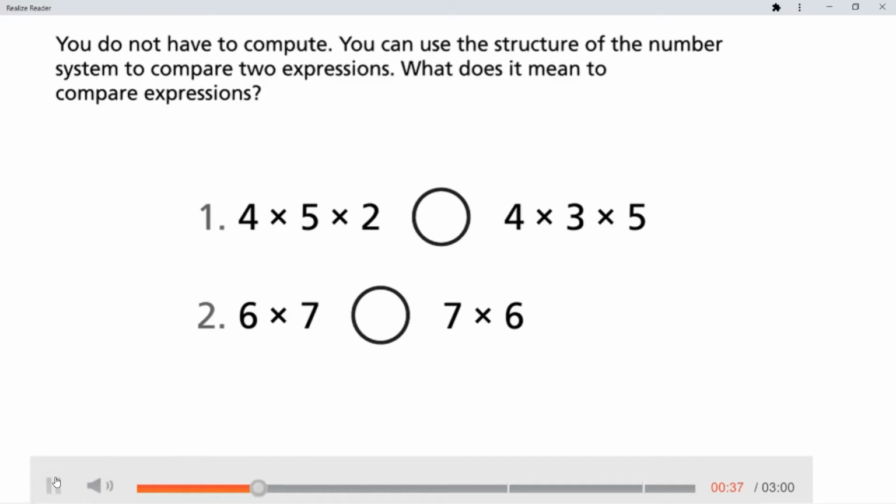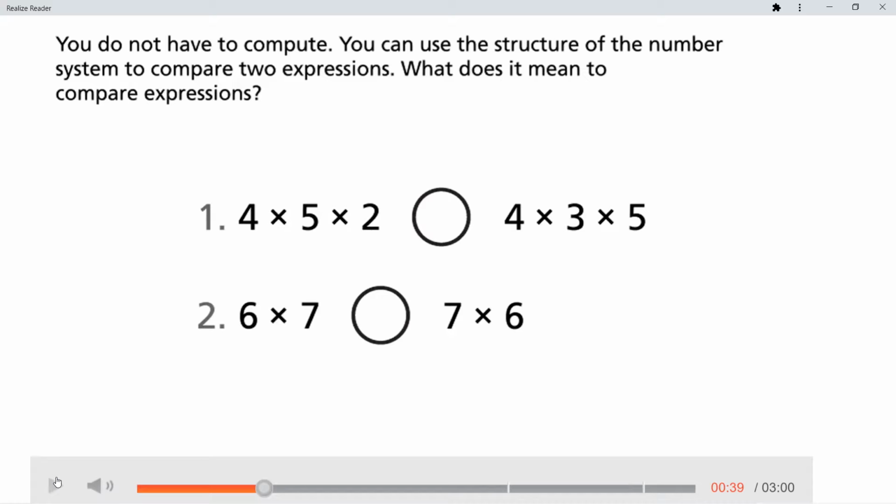What does it mean to compare expressions? All right, when we're comparing expressions, we're trying to figure out which one is greater than or less than. Now, they told you don't need to compute. What they mean by that is you don't need to solve to figure out which one is greater. The easy thing that you can do is take a look at the digits on each side.